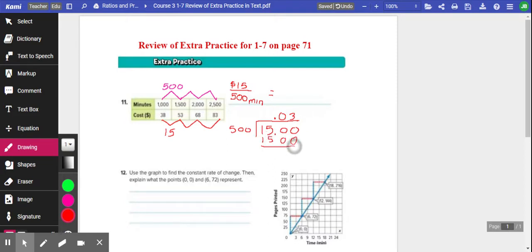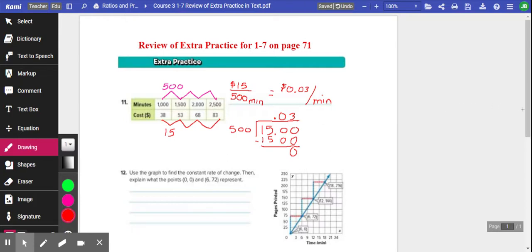So when we subtract, we end up with no remainder. So in reality, what this is saying is that we are being charged essentially 3 cents for every single minute. Okay, so that is how we would find our initial rate.